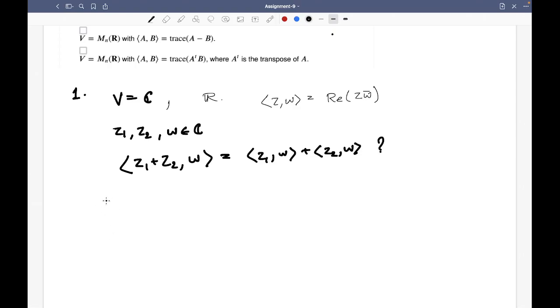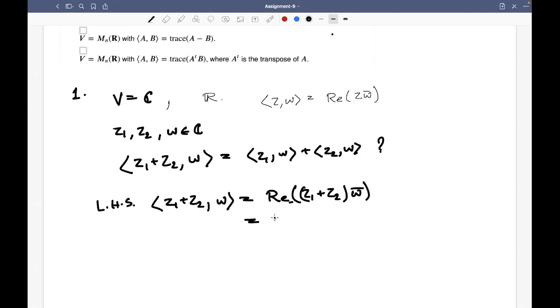So let's check this. The left hand side, LHS: Z1 plus Z2 comma W means the real part of Z1 plus Z2 times W bar. Now the product distributes for complex numbers, so it will be the real part of Z1 W bar plus Z2 W bar.